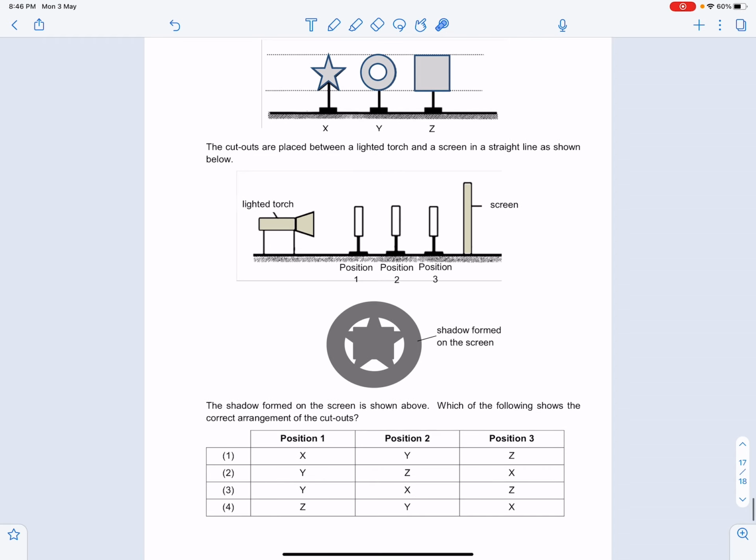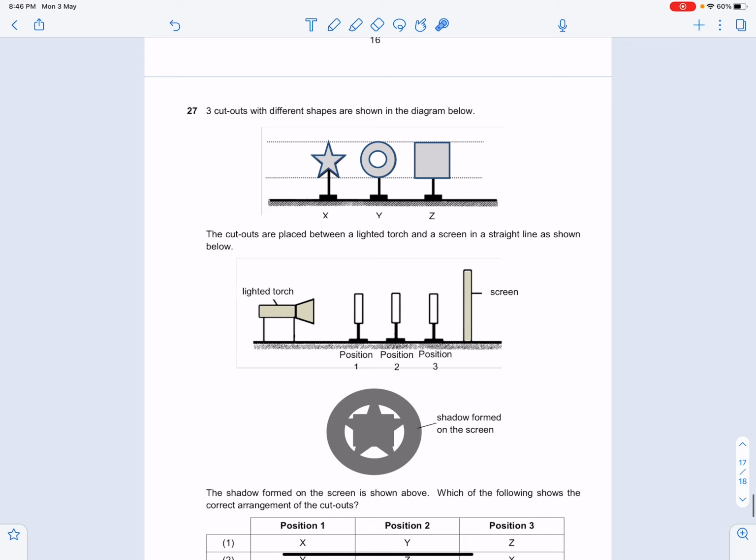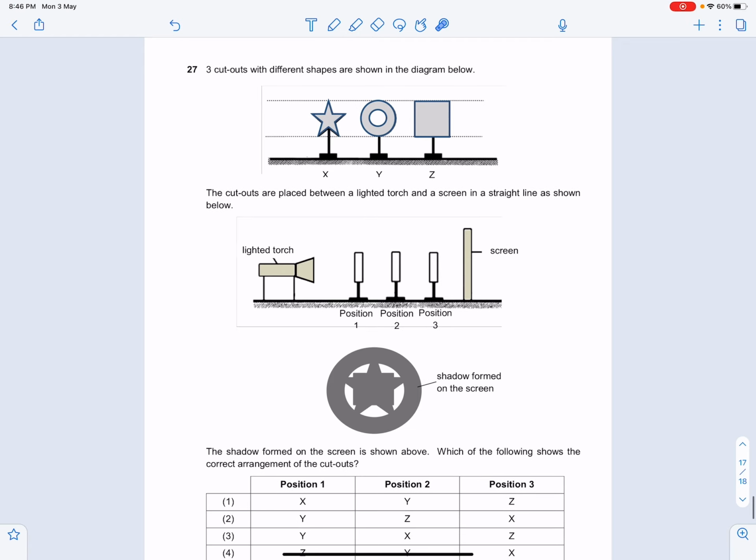Now, first things first, we have to understand one thing. They are all the same color, same shape. So this question is actually testing you on whether you know how the size of your shadow would change based on the position of your opaque object in relation to your light and your screen.